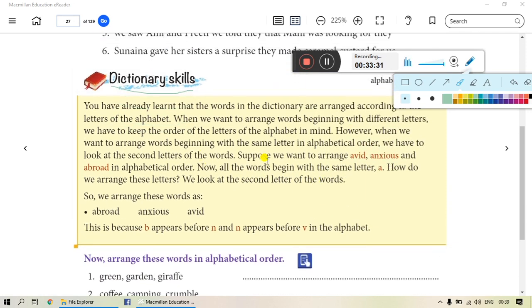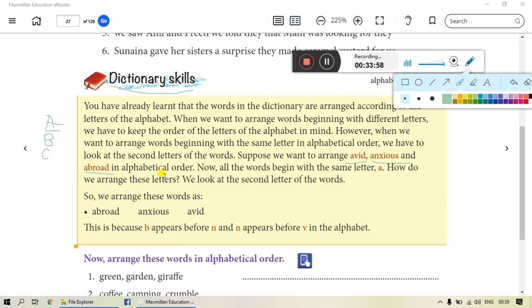So students, the paragraph says that you already know that in the dictionary we arrange words according to the letters of the alphabet. Like A will come first in the dictionary, words with B will come second, and then C. But you have many words starting with A like avid, anxious, abroad.